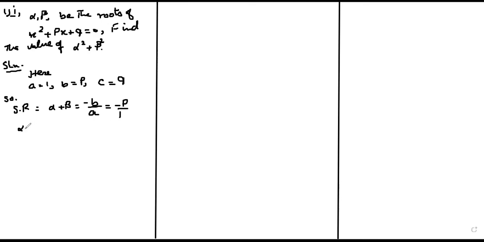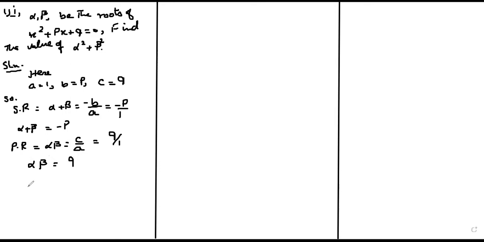So alpha plus beta equals to minus p, right? And the product of the roots will be alpha times beta, which is equals to c over a, which is equals to q over 1. So alpha beta equals to q.